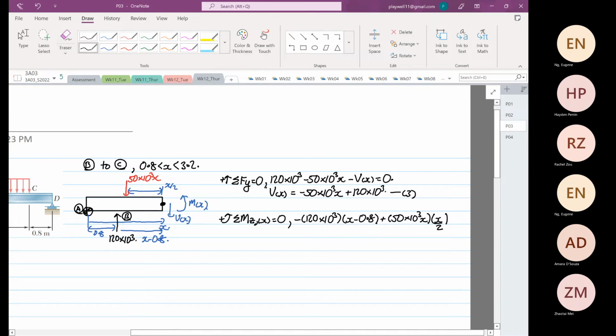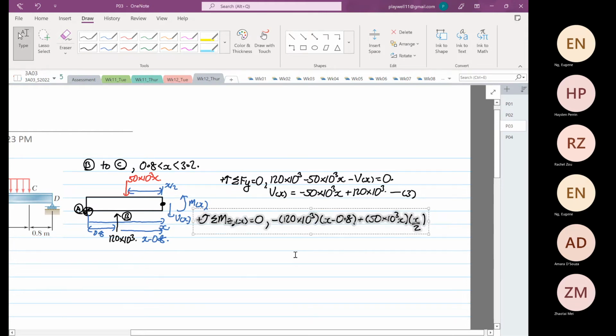let me see if I can shift this so I can write it on one line, less confusing. Then plus M as a function of x is equal to 0, right?